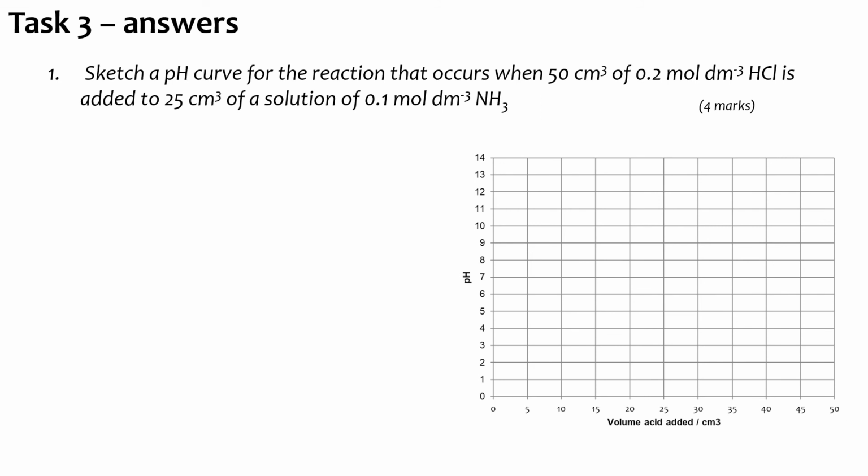Okay, so answers to task 3. Number 1, sketch a pH curve for the reaction that occurs when 50 cm³ of 0.2 molar HCl is added to 25 cm³ of 0.1 mol/dm³ NH3. And as I said, we're looking at this being a full mark question.